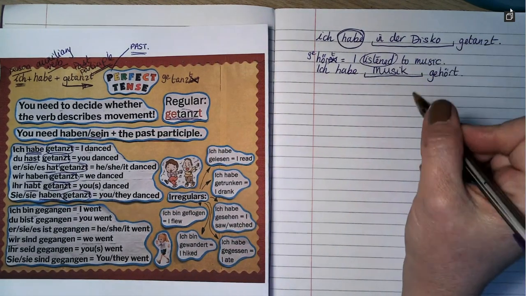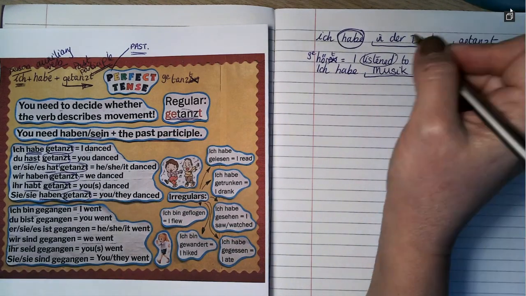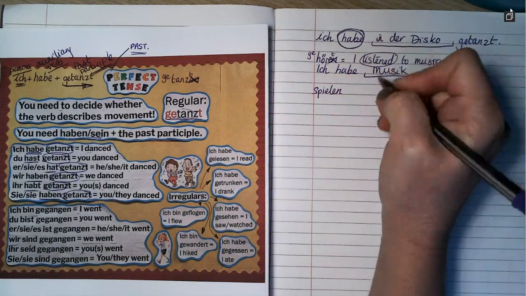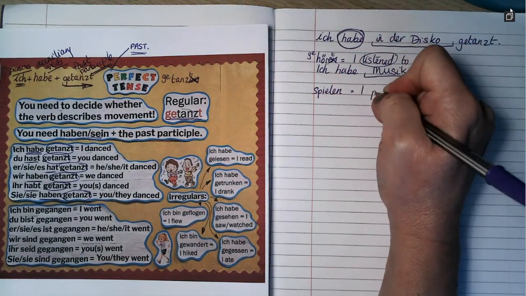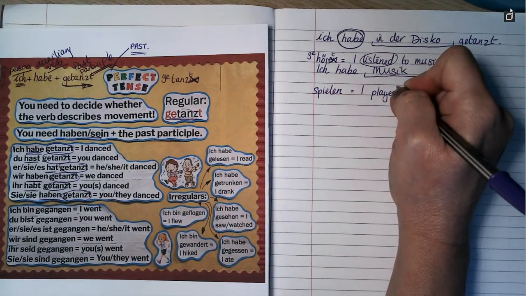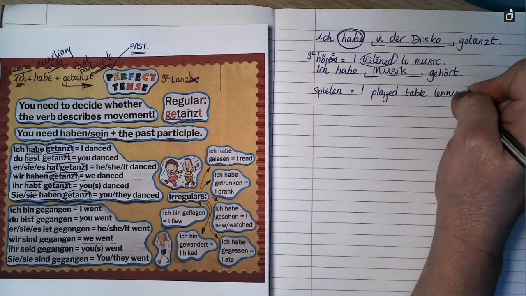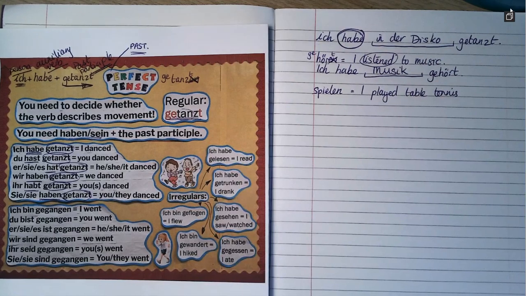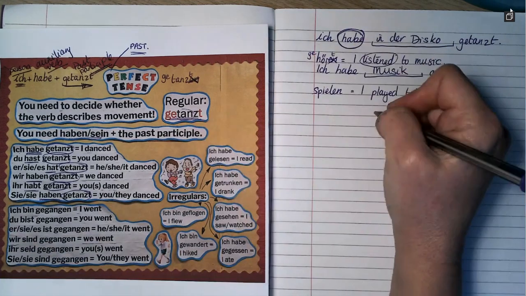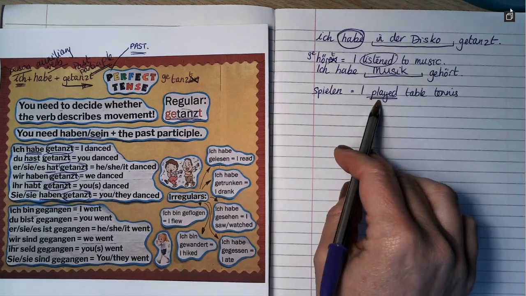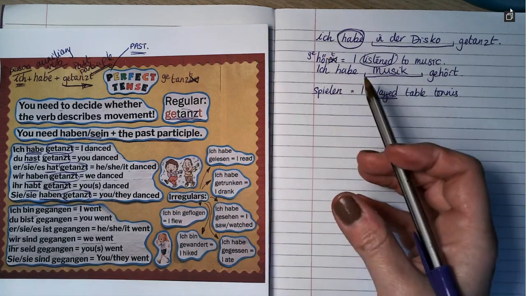Okay, right, spielen is a regular verb, so have a go at I played table tennis. Okay, so I've told you that it's regular, and we know that the verb to play doesn't describe motion.